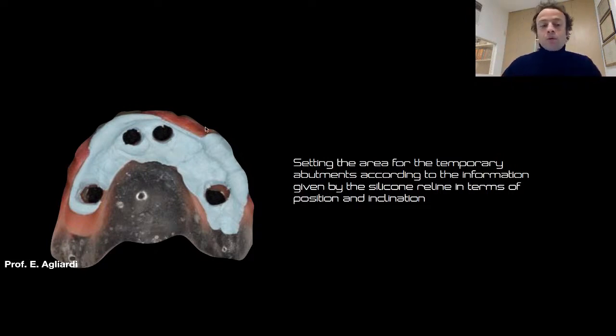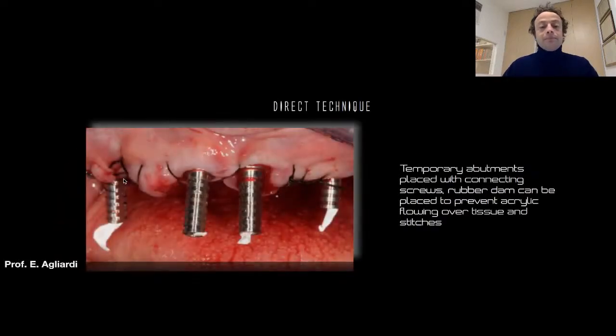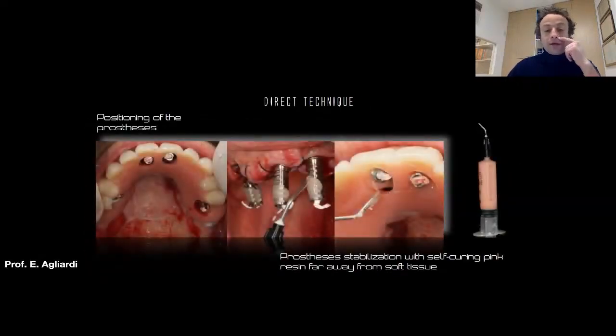So it's important to reduce the amount of acrylic placed in that area to fix the temporary abutment. Of course, we place some Teflon to cover the head of the screw, and you can also place some rubber dam to be sure that the soft tissues are isolated.